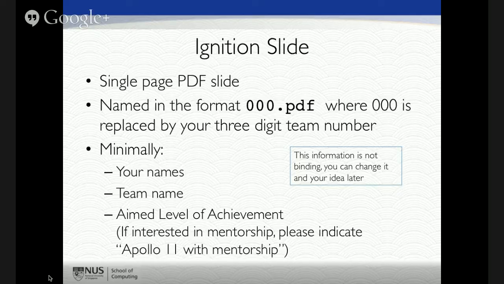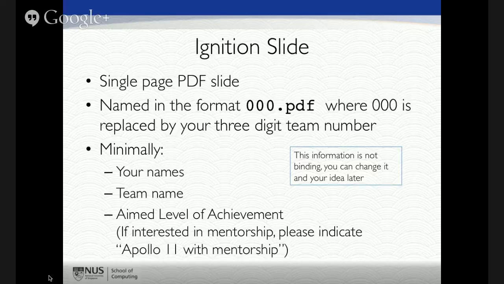On the slide itself, you need to put your names, your team name if you have one, okay? It doesn't have to match what you submitted earlier in the registration form, but it's nice to know, okay? Your aim level of achievement, okay? Especially if you're thinking of doing Apollo 11, put on your slide you're looking for mentorship. That way, at least we know that that's a part of the video that we'll need to keep, okay?